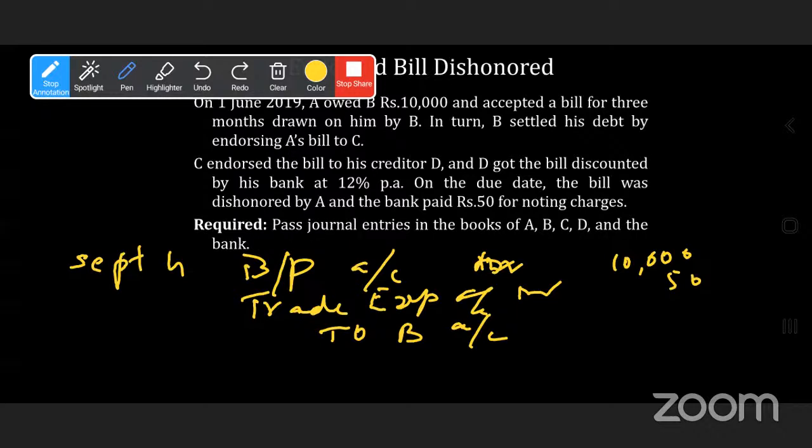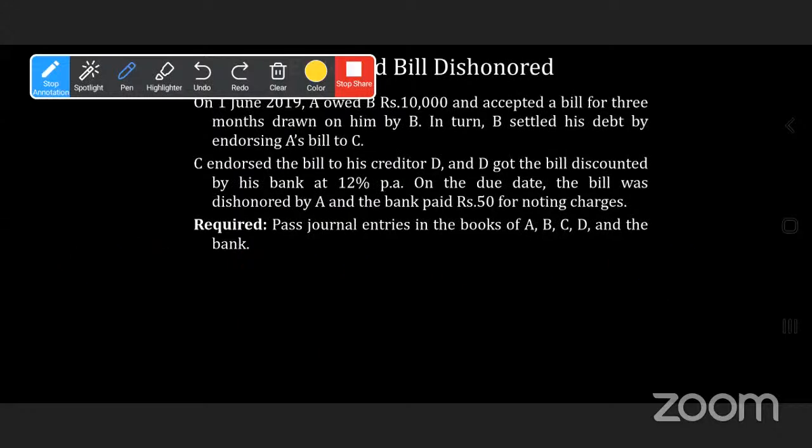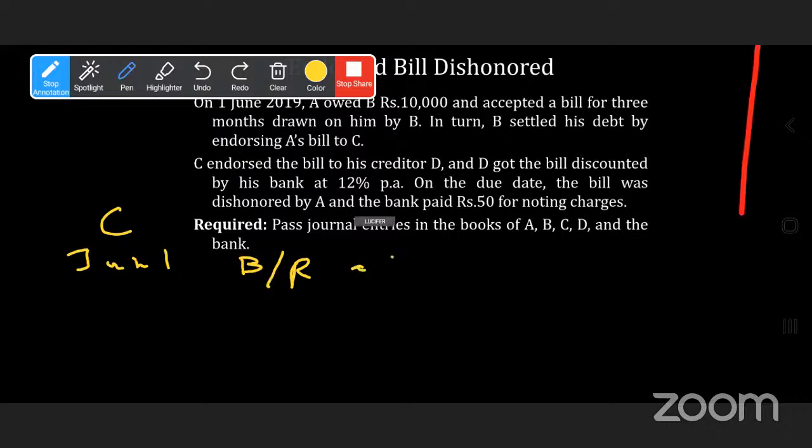Journal of C. You have to write the journal of C. So in the journal of C on June 1st, bills receivable account debit to B account. B has endorsed A's bill to C. So the transaction you have to write is bills receivable account.